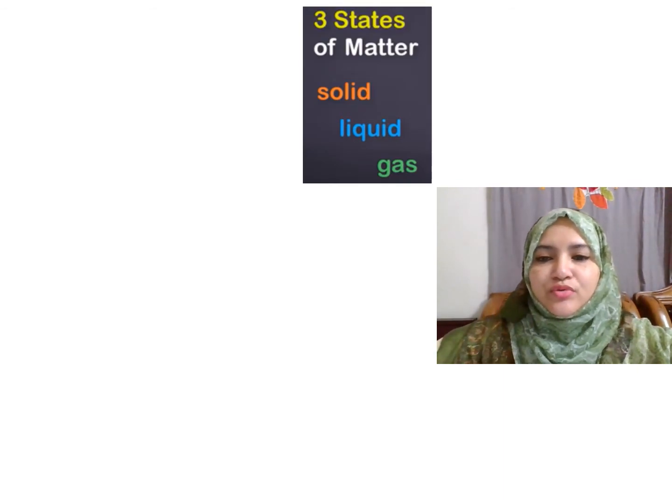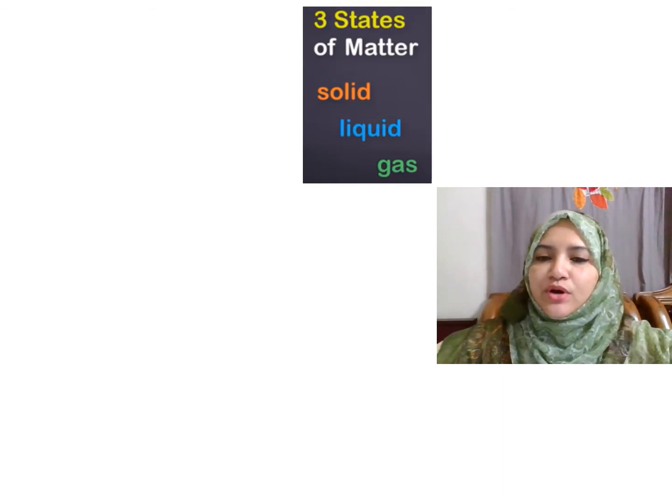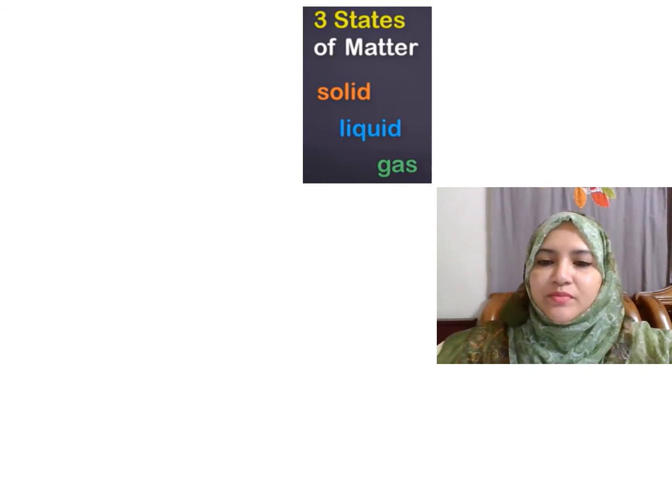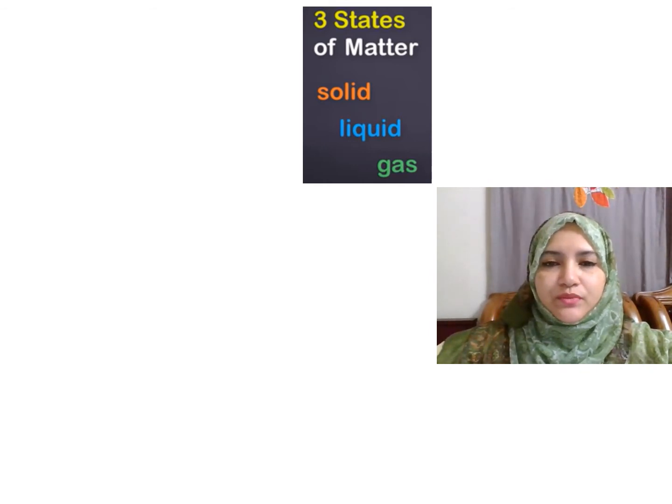Now I am sure you are familiar with the three states of matter: solid, liquid and gas. When we look at something, our brain automatically knows whether it is a solid, liquid or a gas. In this video we are going to compare these three states of matter in a more scientific way.